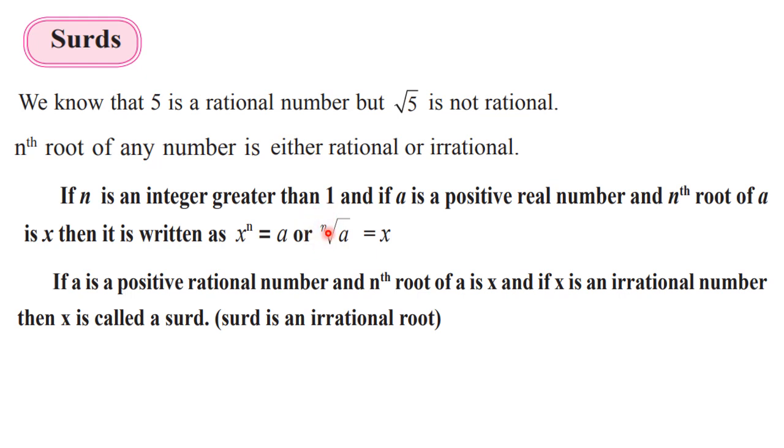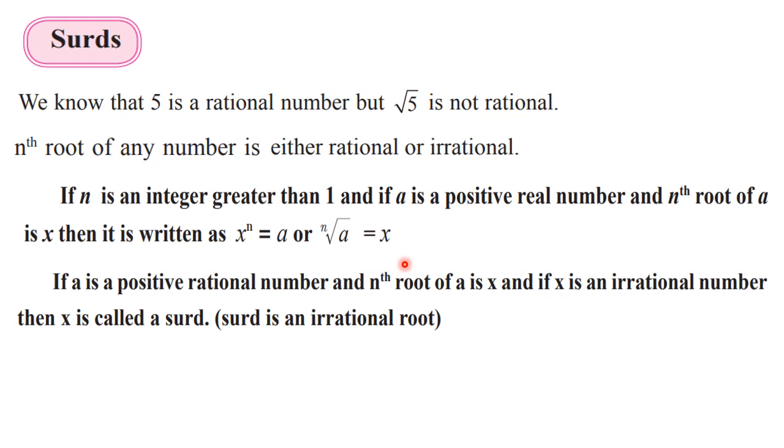This order n should be greater than 1, that means it should be 2 minimum. Whatever number you have inside should be a positive real number, and overall this nth root of a should be an irrational number. If these three conditions are satisfied, then we can say that x is a surd.